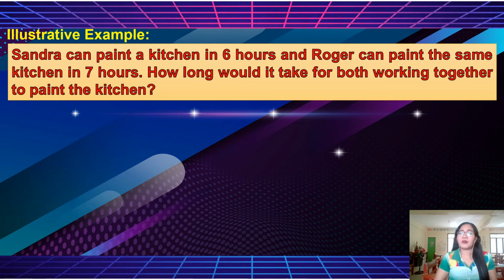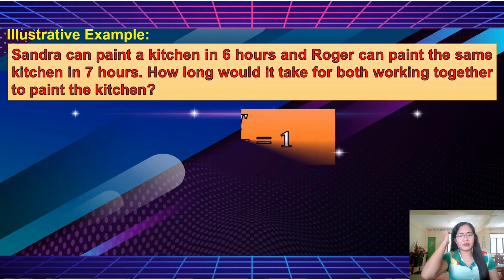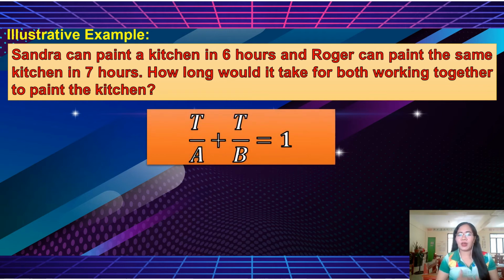Now, this type of problem is what we call a work problem. In a work problem, we already have a formula to use. And here's the formula. T over A plus T over B equals 1, in which T stands for the time if they are going to work together.